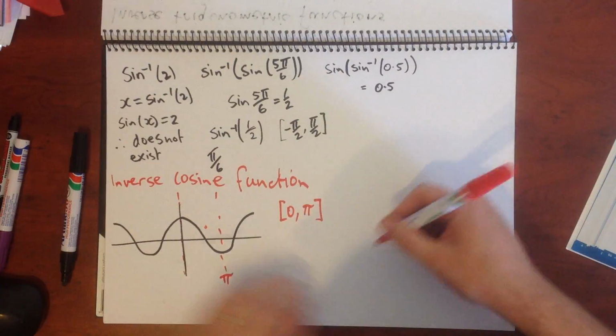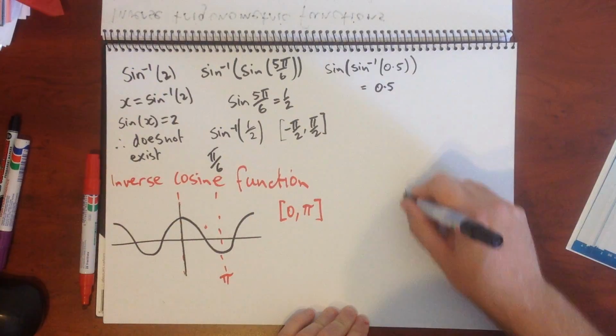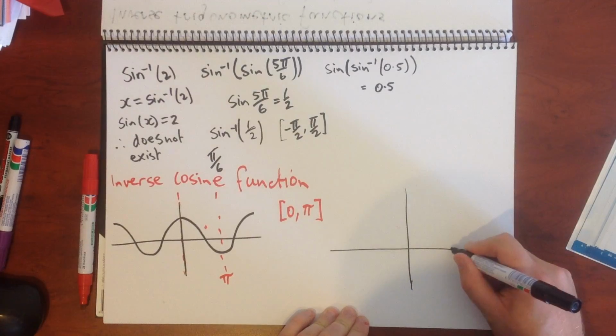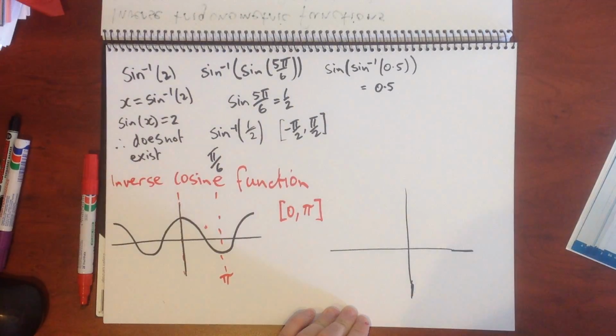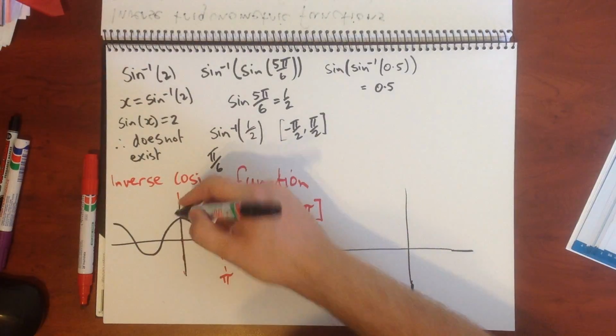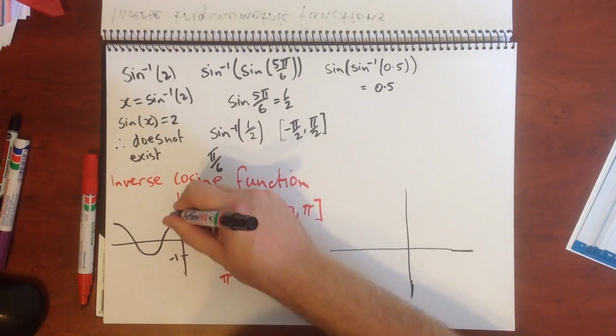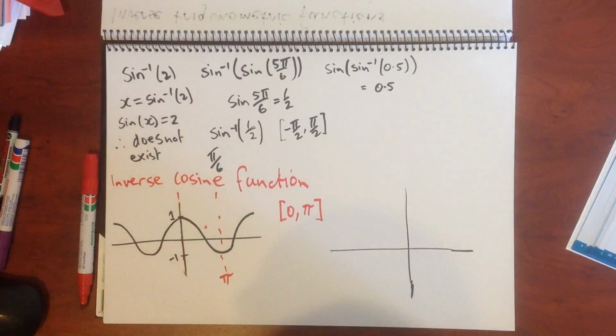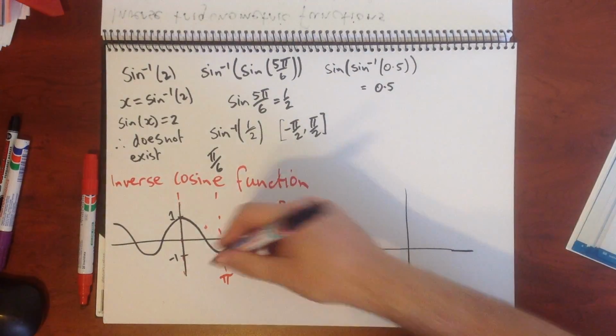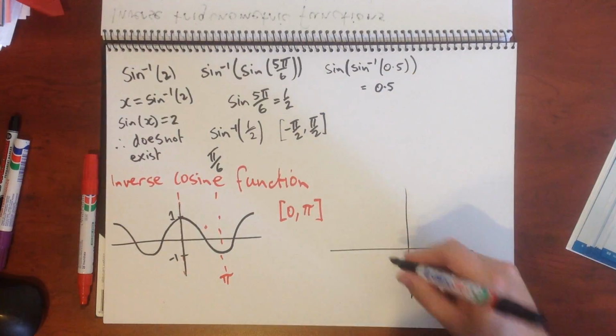So when we do that, then again, we're still going from negative 1 to positive 1. That was our range, sorry, so it becomes our domain.